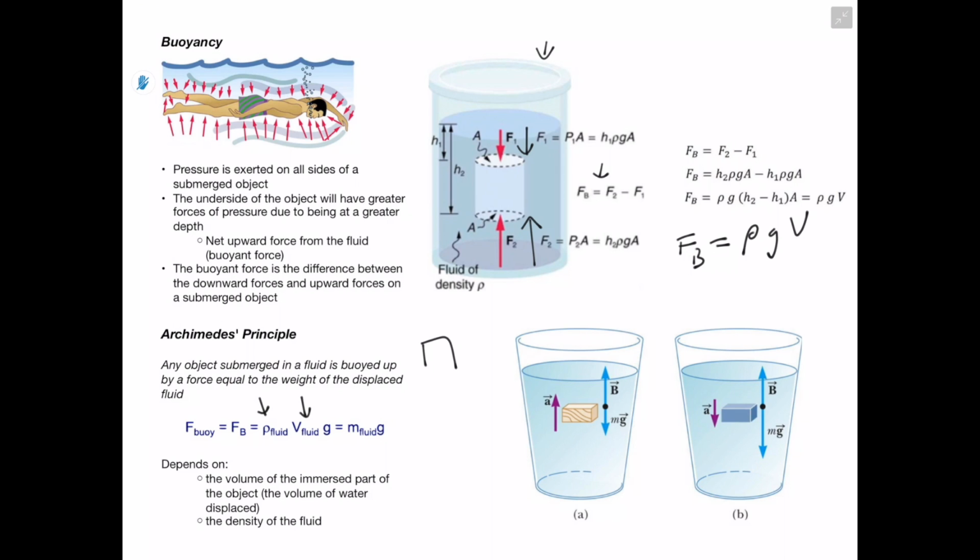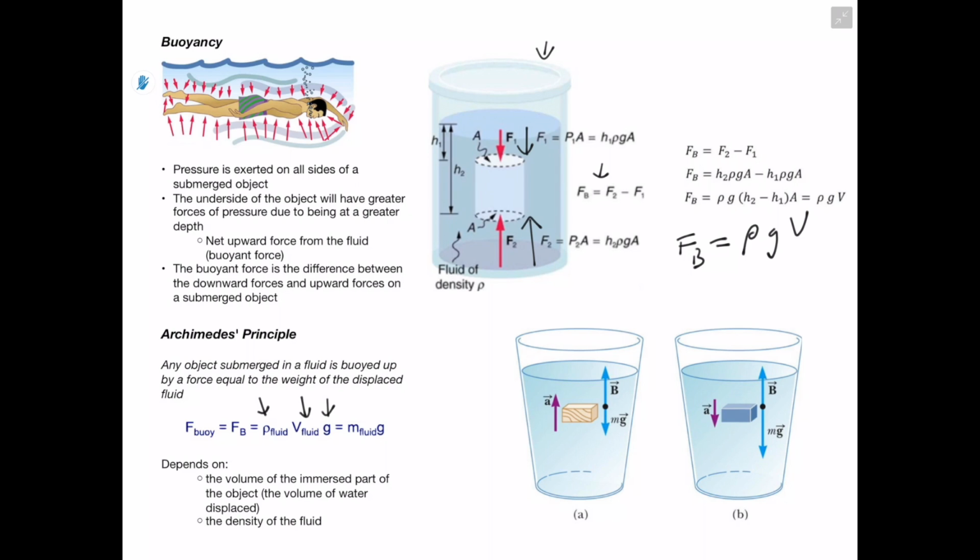But if we have an object that's only somewhat submerged, we're only interested in the volume that's under the fluid. Basically, we want to know how much of the fluid is displaced. Then we multiply by gravity. So this depends upon the volume of the immersed part of the object, so the volume of water displaced, and the density of the fluid.